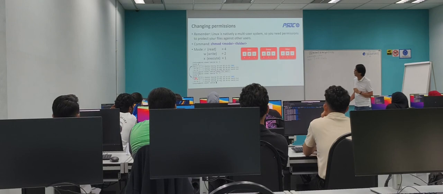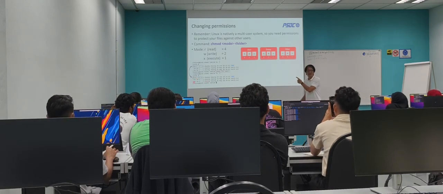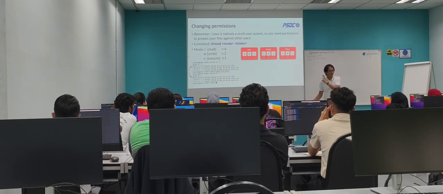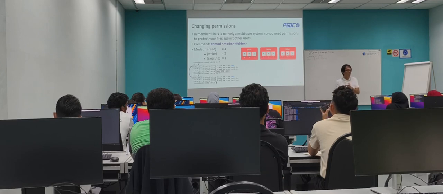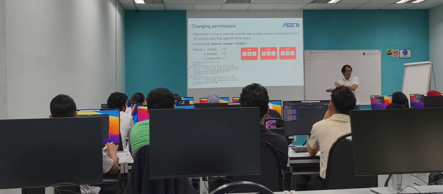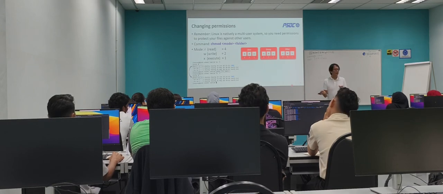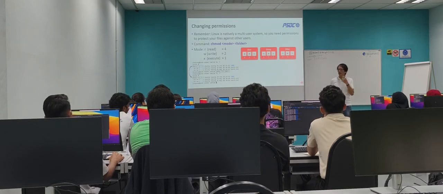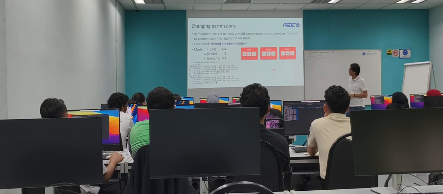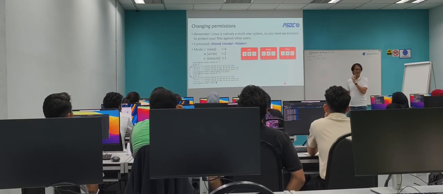Then the second group. You can see the group here has only read and a dash. There's no write. That means if you all belong to one group, then this permission will apply to that file for you. That means if you belong to that group, you can read, but you cannot write.